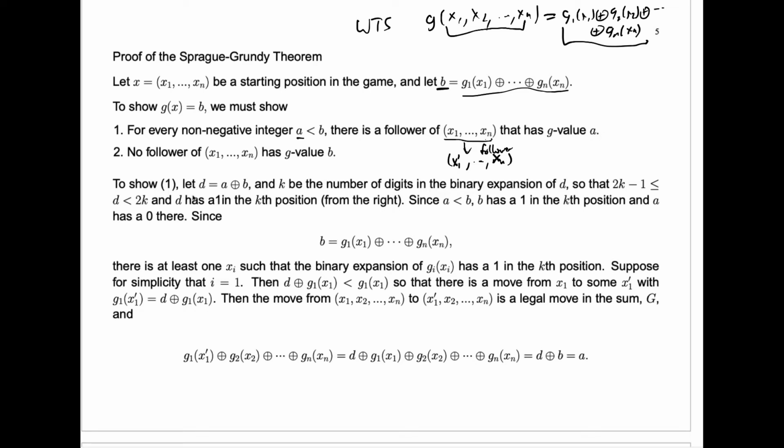Well, to show property 1, we're really going to just extend our method for finding a winning move in nim, and we'll extend it in the following way. We're going to first define a new number d to be a plus b, the nim sum of a and b.